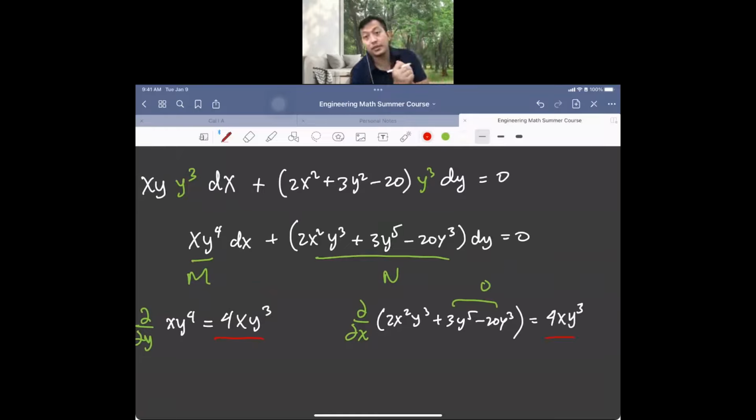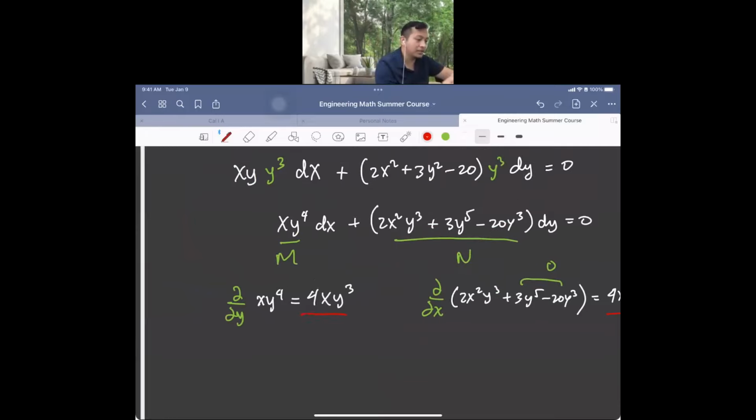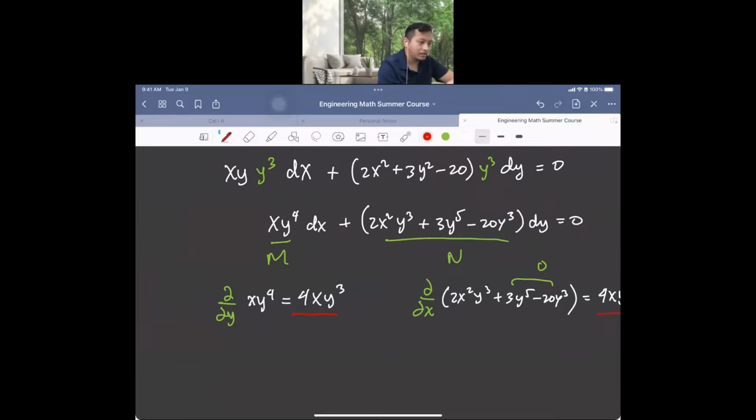So by multiplying with the integrating factor, we can make an equation that seems almost exact become exact. And then you can just follow the usual exact equation method. If you want to solve this completely, you can try to take integrations.